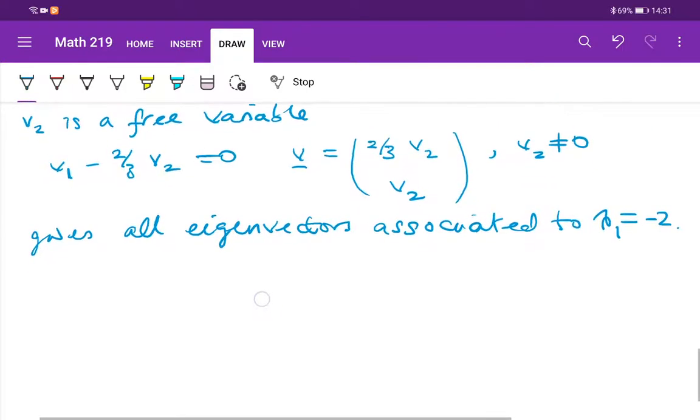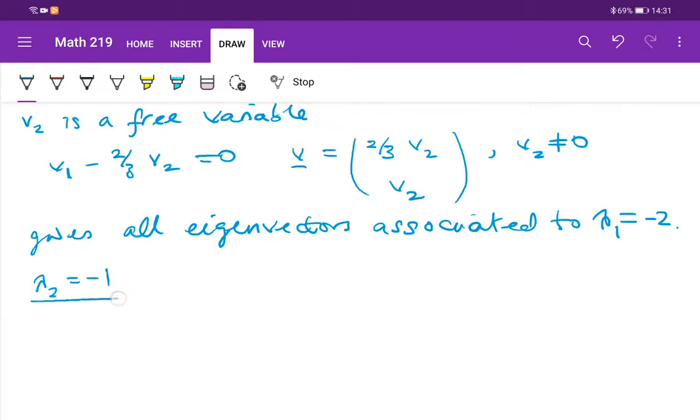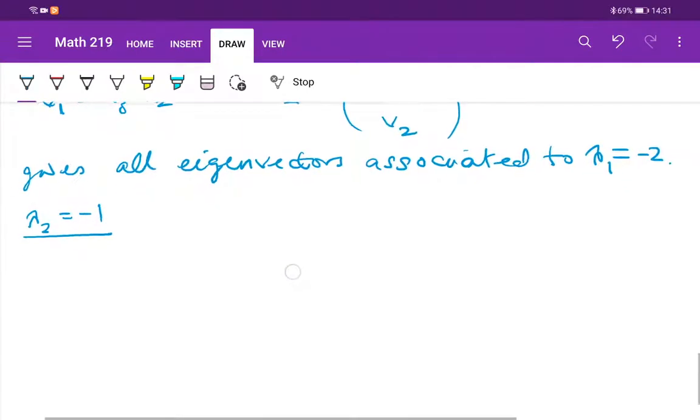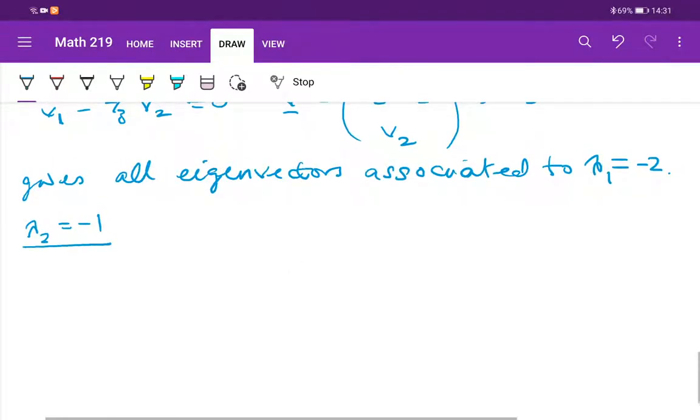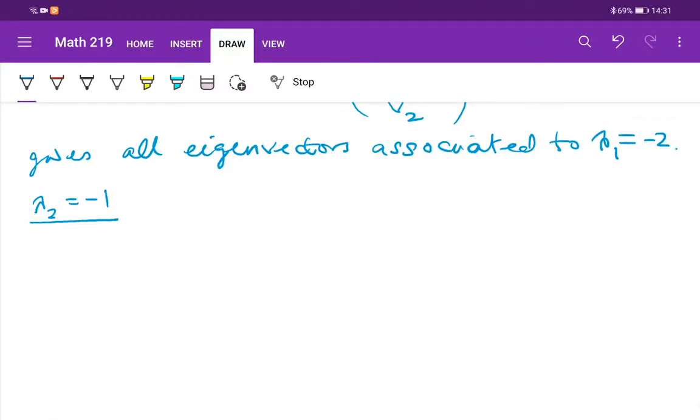Okay, and now you repeat the same idea for the second eigenvalue, which was minus 1. Here we're looking at 2 minus 2, 3 minus 3, times v1, v2 equals 0, 0.